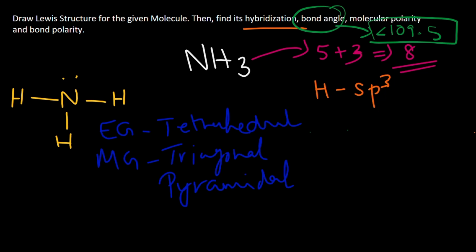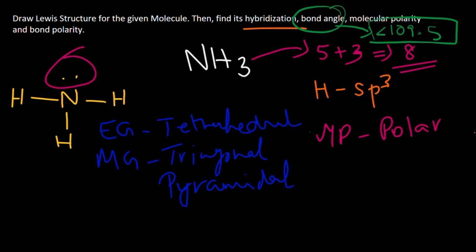Now, what about the molecular polarity? So just note that if there is a lone pair like this, it's definitely going to be polar. So our molecular polarity is going to be polar. Because when you have a lone pair, you cannot share electrons equally.